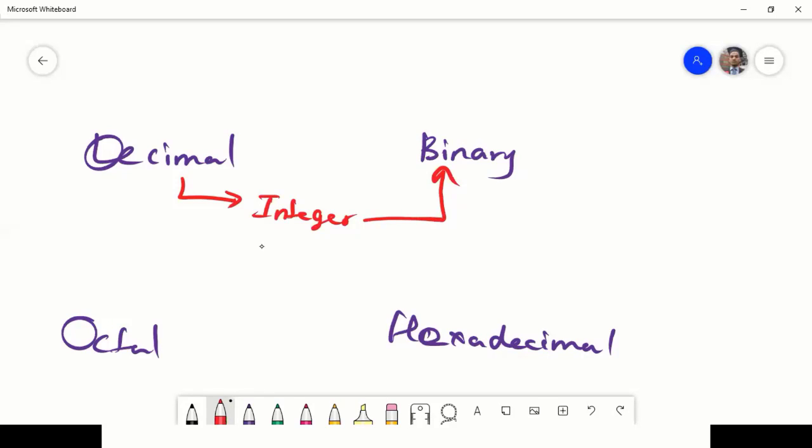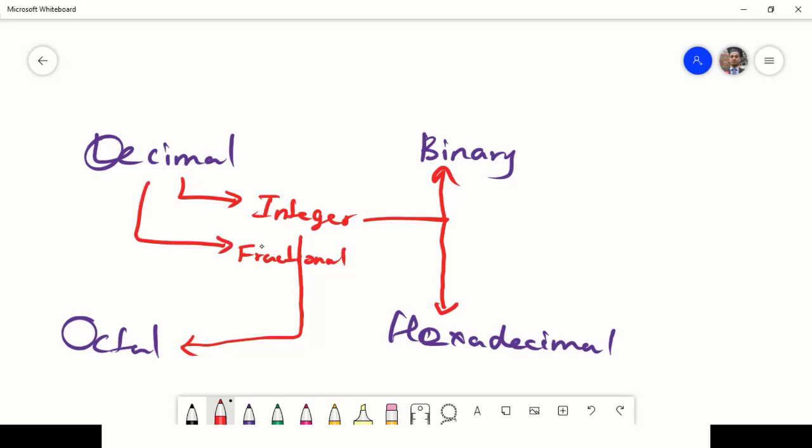Integer numbers, hexadecimal also we have discussed. Octal also you can do that. Likewise, fractional numbers also, from decimal you will be able to convert to binary, hexadecimal and also octal. So you should be able to do this.